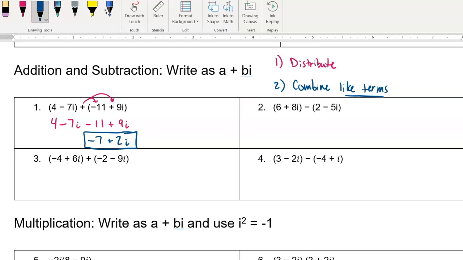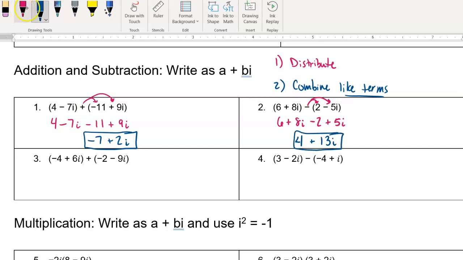But we cannot combine these because these are not like terms. So that was addition. Let's do the same thing with subtraction. With subtraction, we distribute the negative through. So that'll become a minus 2 or a negative 2, and a negative times a negative would make this a positive 5i. So again, we combine like terms. So 6 minus 2 is 4. 8i plus 5i would be 13i.